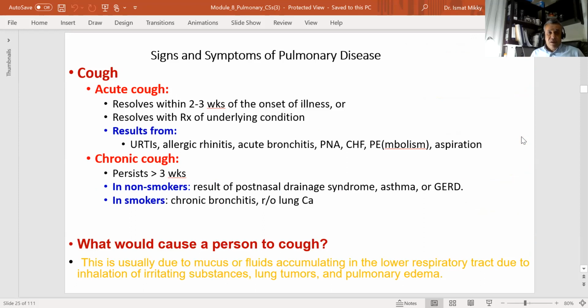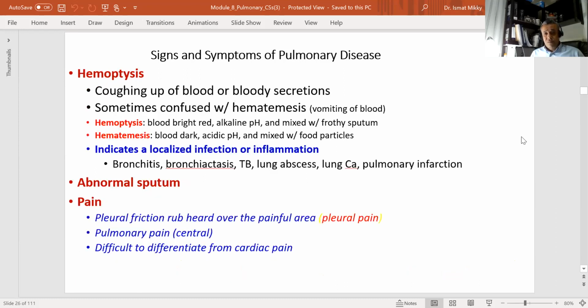Cough is also another common manifestation of different pulmonary diseases. We have acute cough, and then how would you differentiate that from chronic cough? Hemoptysis, and we have to differentiate between hemoptysis and hematemesis.